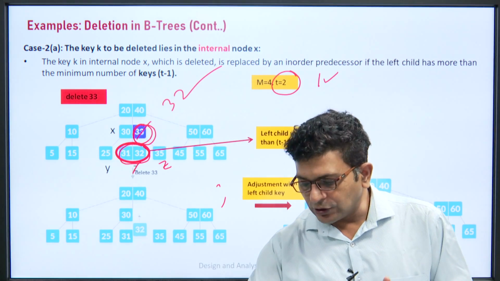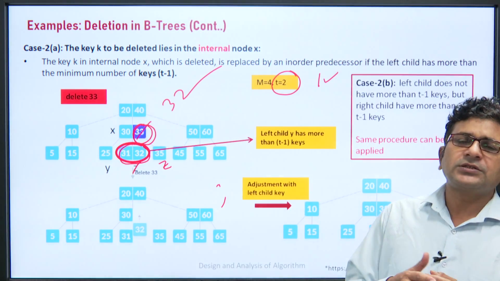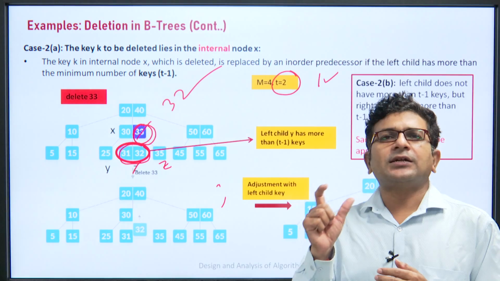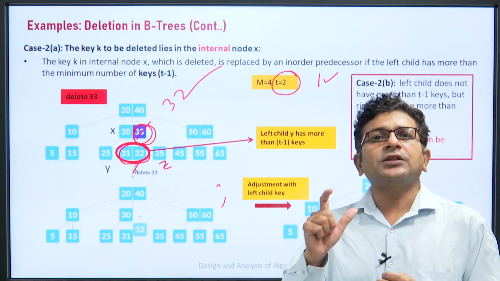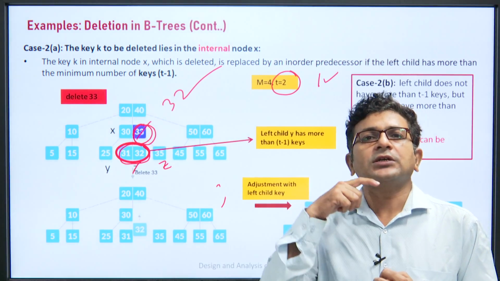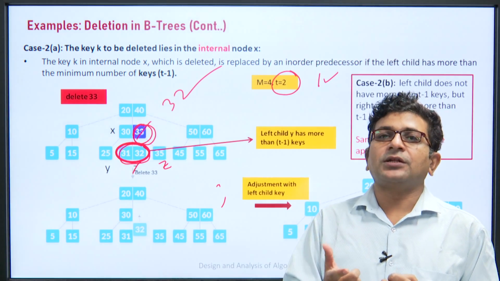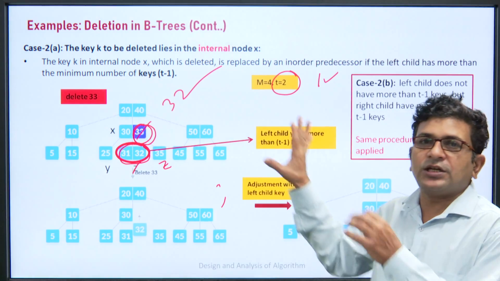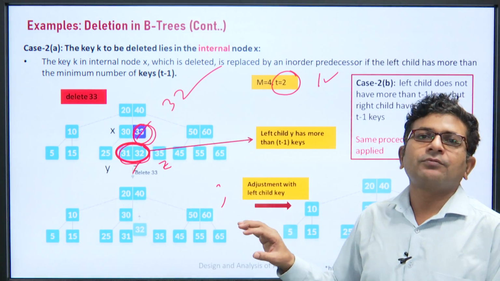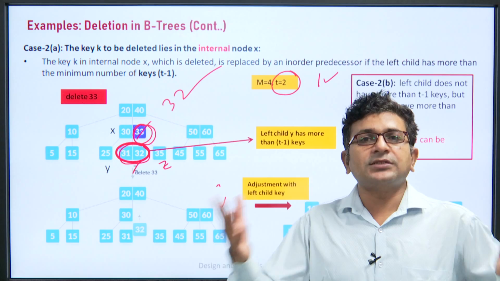Now, what about the 2B case? In the 2B case, if the left child y does not have more than the minimum keys, then we look for the right child. If the right child is having more than the minimum keys, then the same procedure is followed, but here we find the immediate successor.